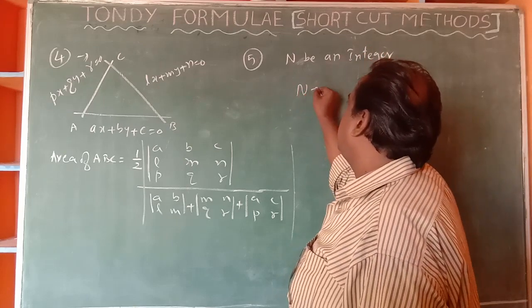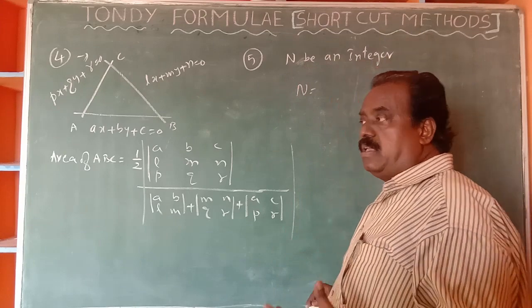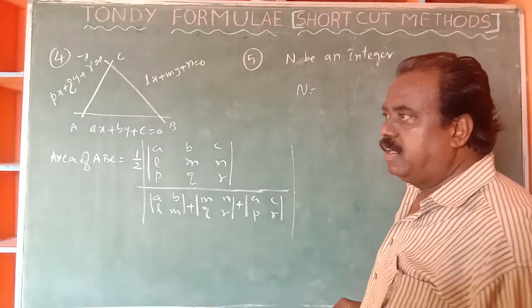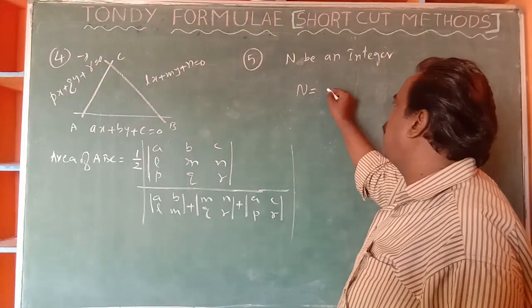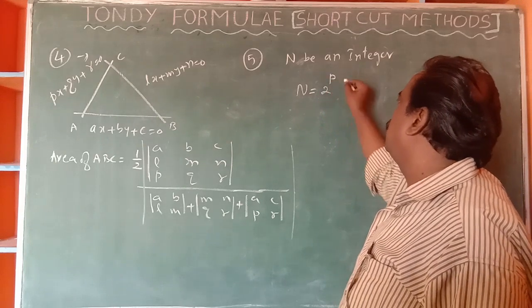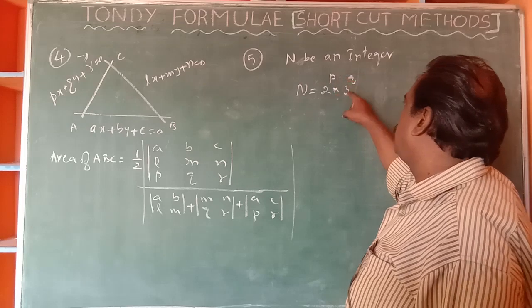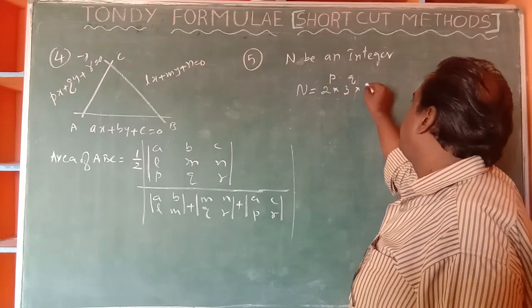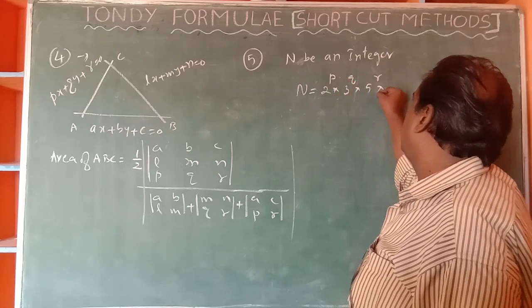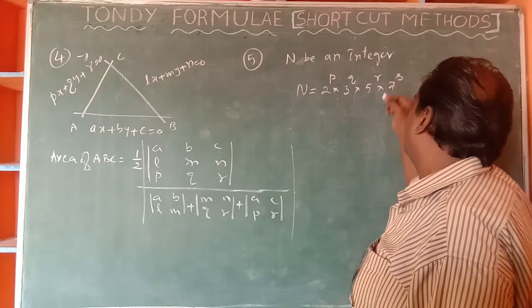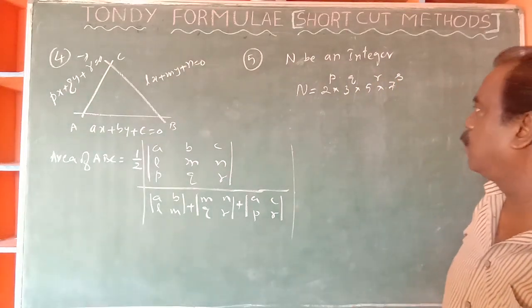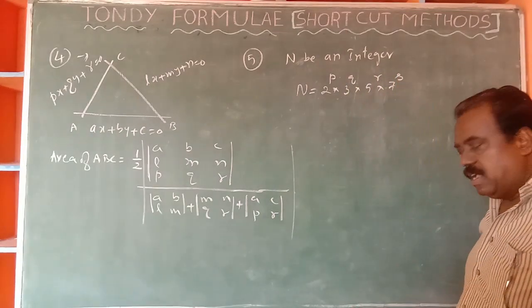If this integer can be expressed as the product of prime numbers, say it is 2 power p into 3 power q into 5 power r into 7 power s, like this. Suppose it is in that manner.